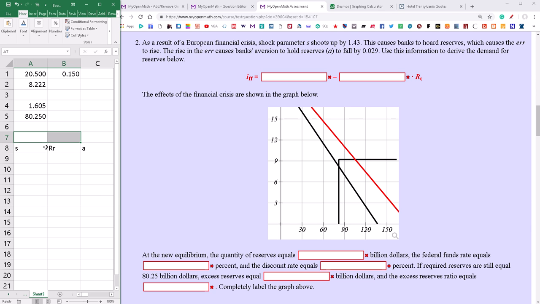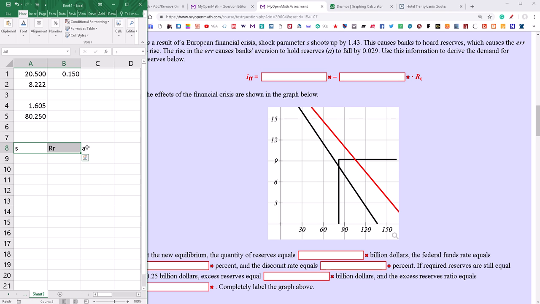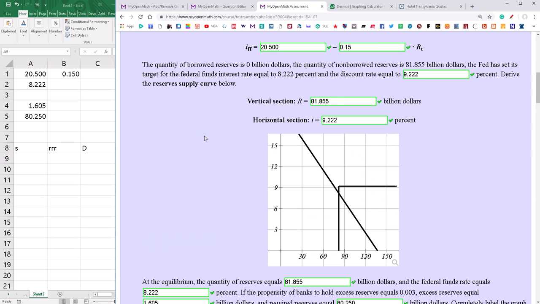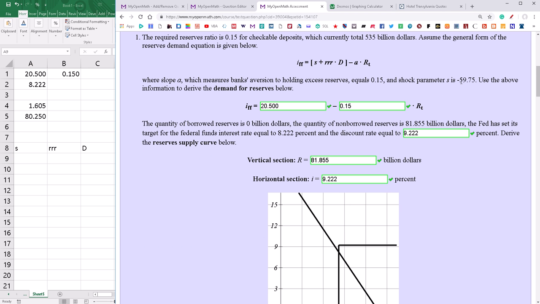So these together help build the demand. We've got to put in the demand deposits. So let me move this over here. We got demand deposits. We got the reserve requirement ratio. Okay, so the shock parameter is initially negative 59.75.